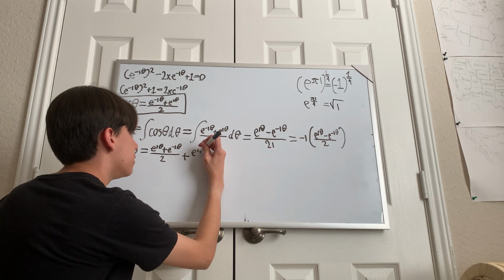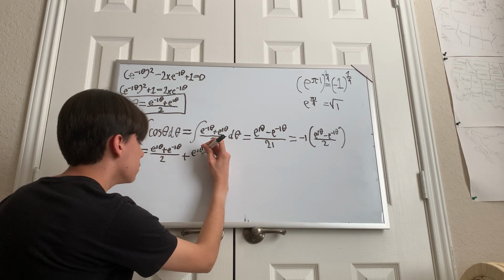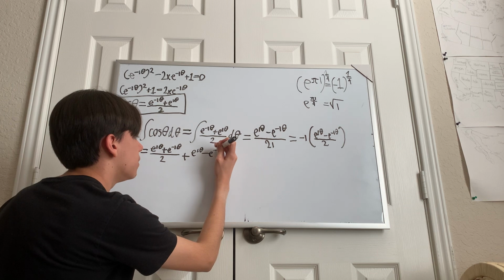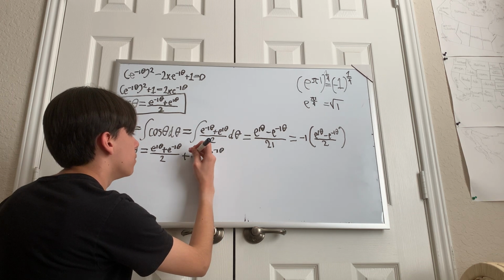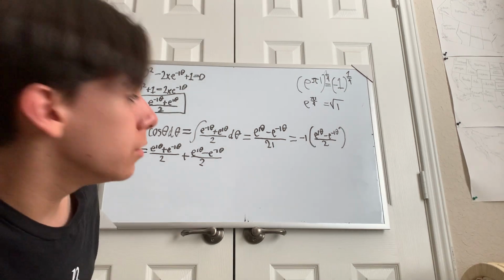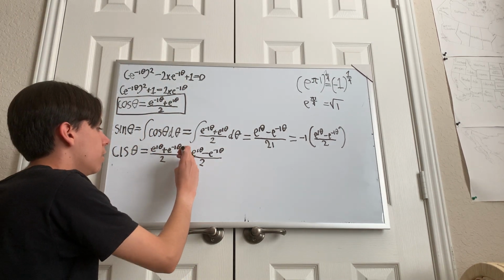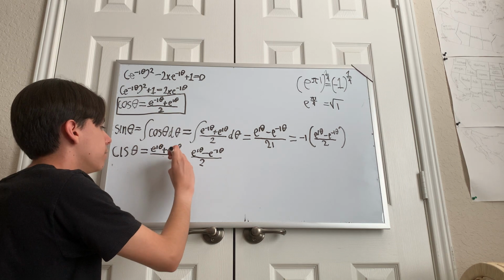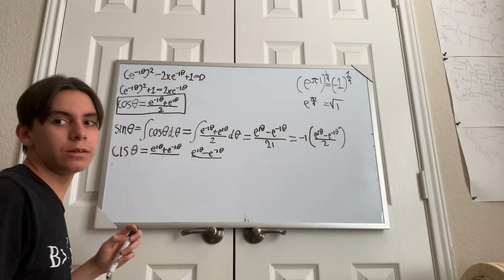plus e to the I theta minus e to the negative I theta over 2. So what we can do is combine all of these terms since they have a common denominator.